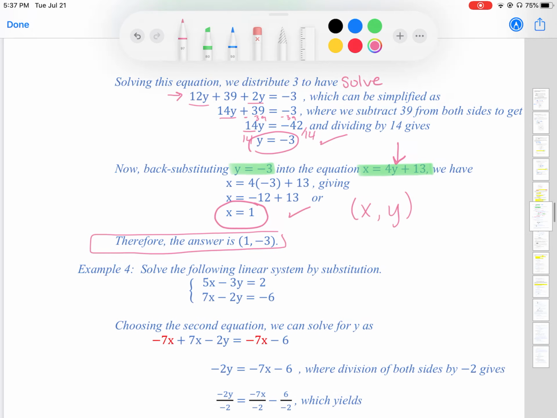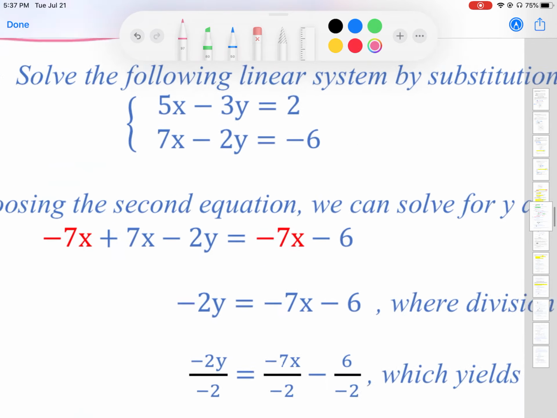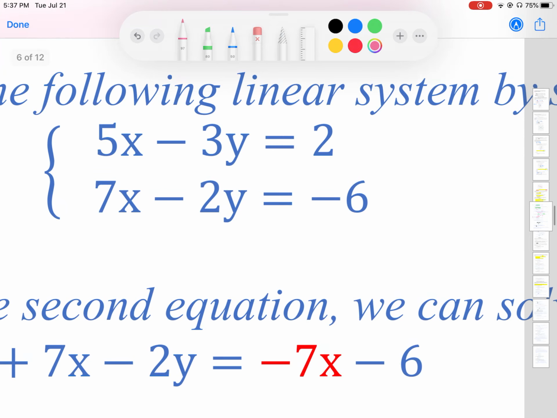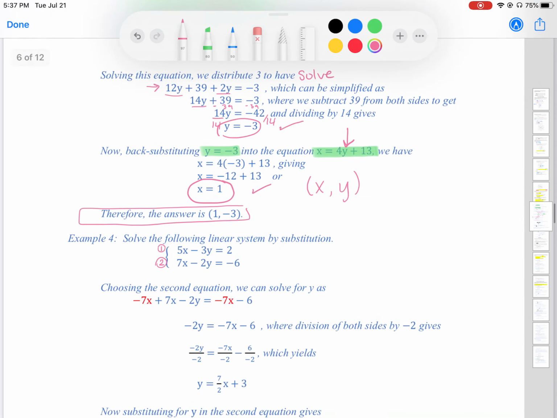All right, let's do example 4. Solve the following linear system by substitution. I want to pick a variable that'd be easier to work with, and for this one, there isn't a variable that's by itself. So whether you choose to solve equation 1 or equation 2, it seems that they'll be equally as challenging.